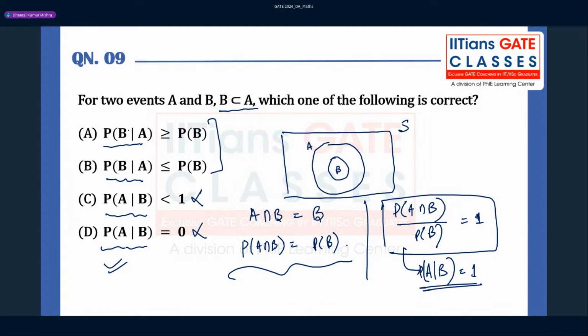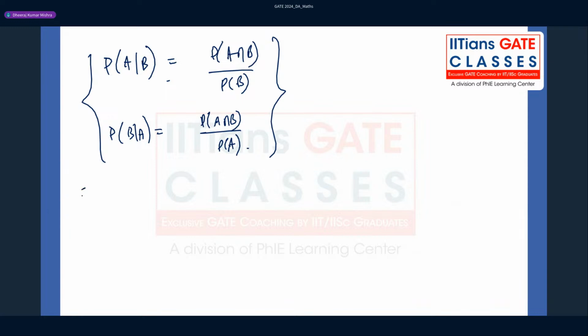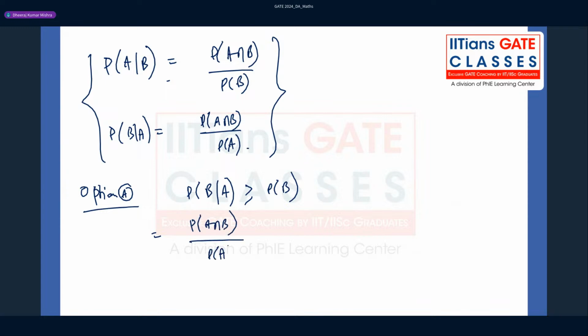Now you see here they have given that the probability of B given A is greater than the probability of B, right? So let us see option A. What they have given, probability of B given A is greater than the probability of B. Is it true? Can we check? Yes. Probability of B given A is nothing but probability of A intersection B upon probability of A. We have to prove it.